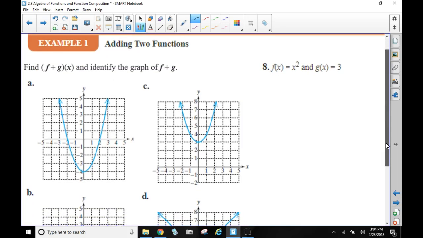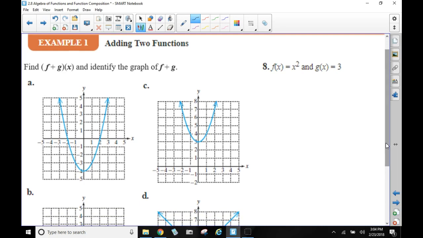In example 1, it says find f plus g of x and identify the graph of f plus g. If f of x is x squared and they want us to find f plus g, you need to know that that's understood to be f plus g at x. And remember from the box above, that means f of x added to g of x.